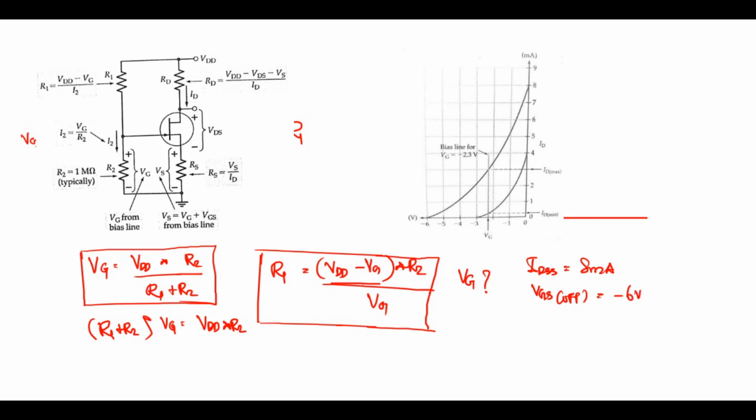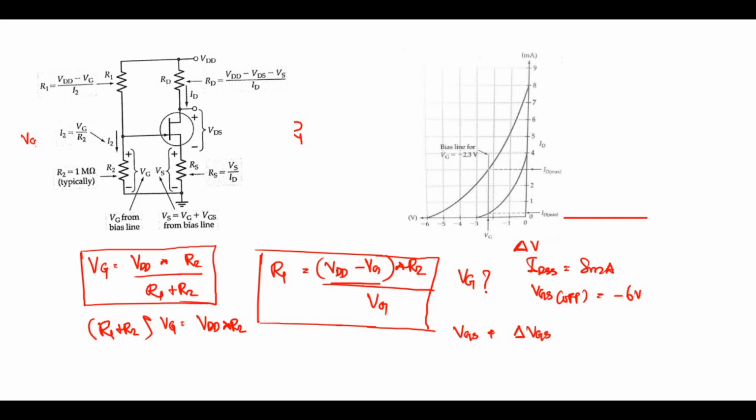Let us move on further, because to get the value of Vg, we need two other values: VGS and del VGS. For that we are going to do a small analysis on this graph.